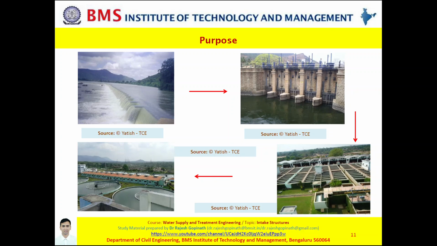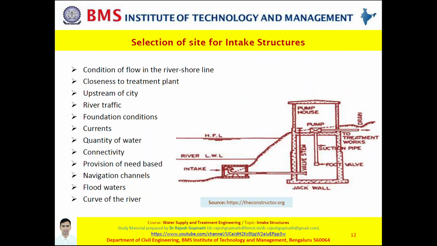Let us now go on to slide 12 to understand the factors which need to be considered when selecting a site for intake structures. Now, when you speak about a site, it is imperative and obvious that this site should be selected so that it can admit water even during drought or the worst condition of flow.